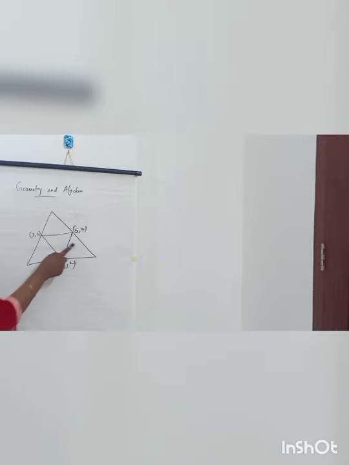So opposite sides are equal, and also in the 9th standard you have studied that the line joining the midpoints of two sides of a triangle is parallel to the third side and half of the third side. So these are parallel lines. So we can say opposite sides are parallel and equal. So this is a parallelogram, and again this is a parallelogram, and again this is a parallelogram.